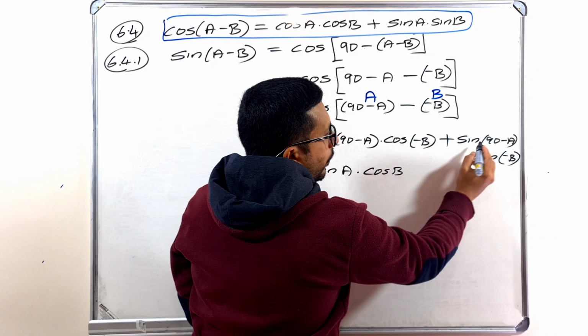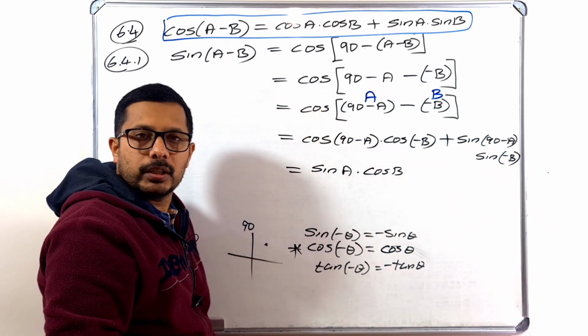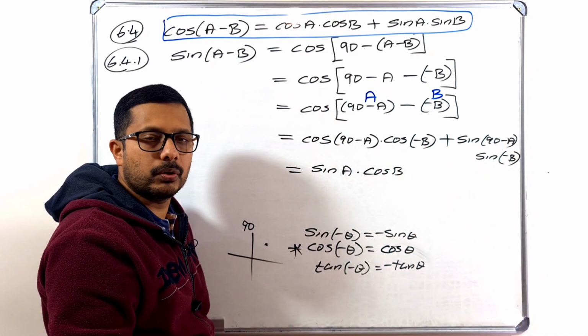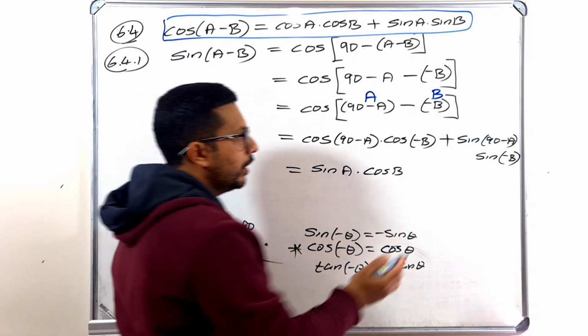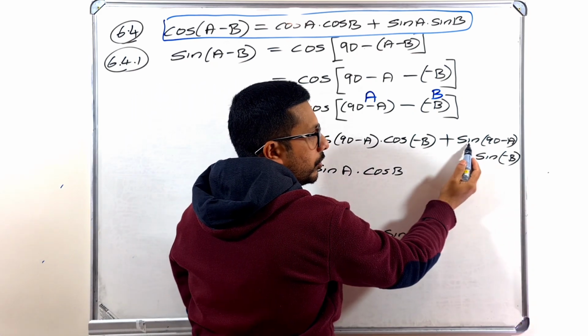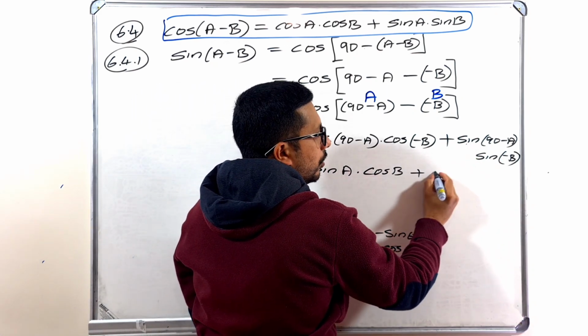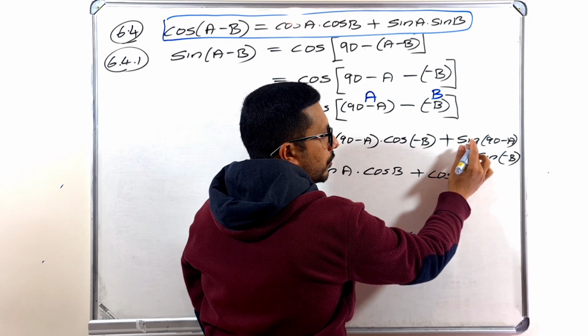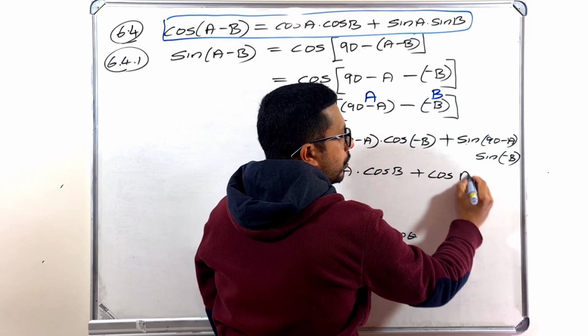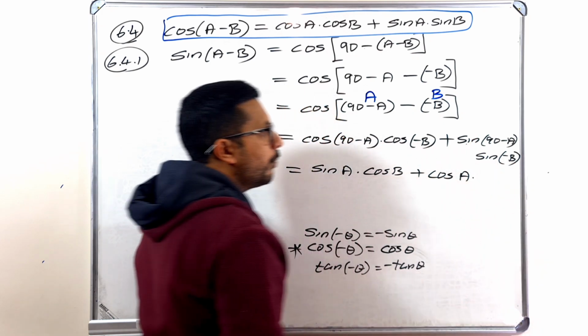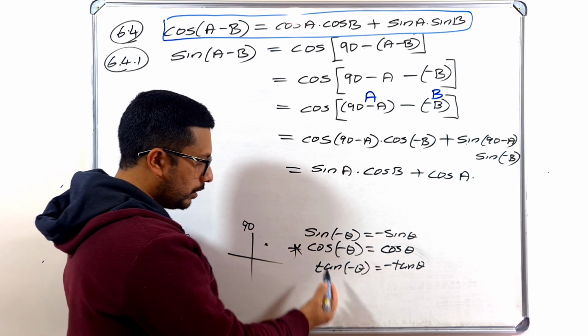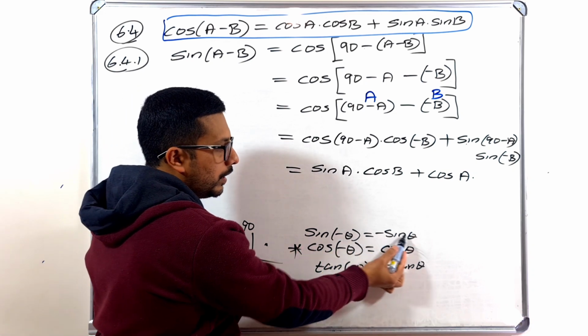Then 90 minus a is in which quadrant? First quadrant. In the first quadrant everything is positive. And since it is based on 90, you have to change to its cofunction, that is cos. Cofunction of sine is cos. Then cos a into sine of minus b. Sine of minus b is minus sine b.